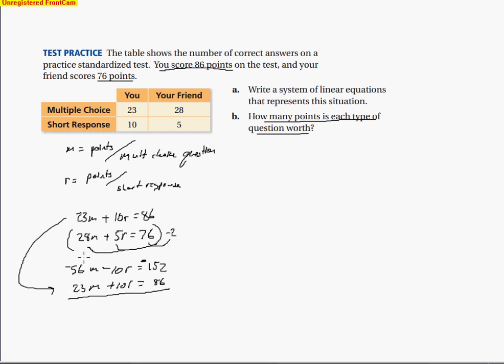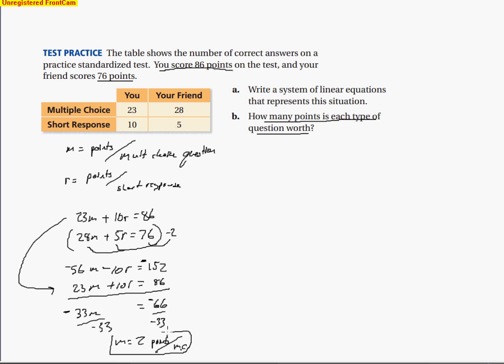So when I go ahead and add these together, I end up getting 33m, and over on this side, it looks like I'm going to end up getting negative 66. Both of them are negative. So when you do the division, you end up canceling out the negative signs and all, and it looks like m is 2. So 2 points is what the multiple choice is worth. 2 points per multiple choice. I'll just put MC for now.